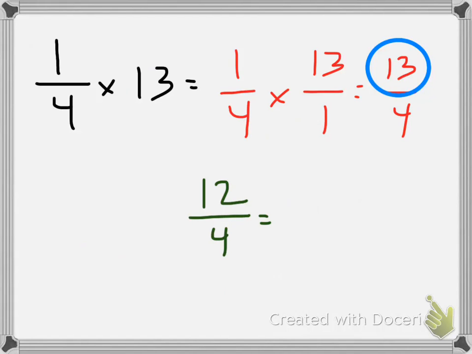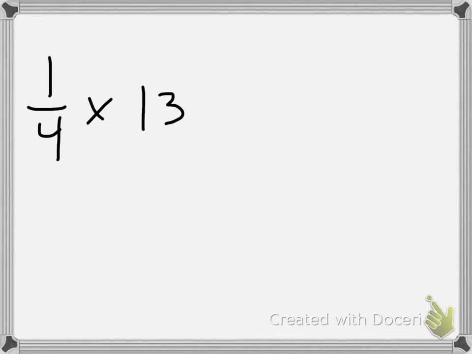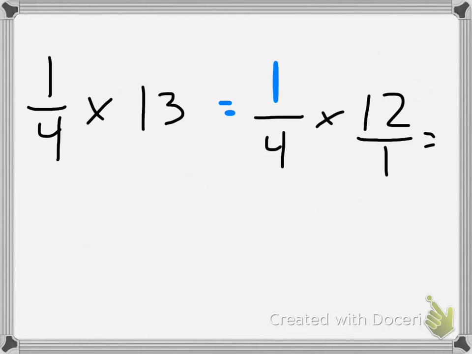And 12 divided by 4 is 3. So what I wanted to do is to find a compatible number for 4 and 13. When I see those two numbers, I know 4 cannot go into 13, but can go into 12. And that way when I put this over 1 and figure it out, I get 12 over 4, and again I get 3.